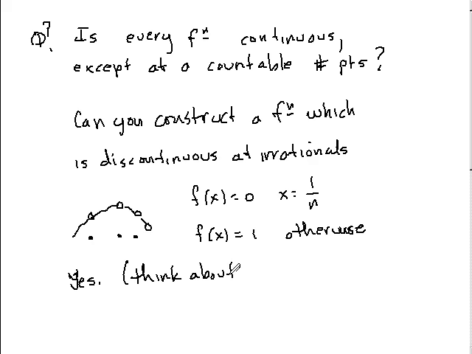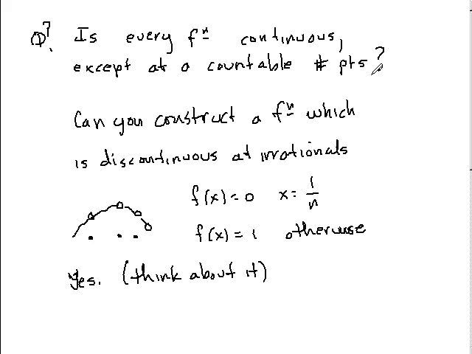In fact, this question had to do with the very foundations of integration, because a necessary and sufficient condition for a function to be Riemann integrable is that its set of discontinuities be a set of measure 0, and a countable number of points is a set of measure 0.